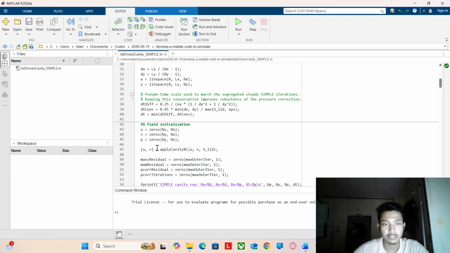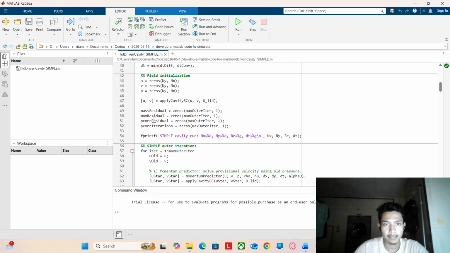Now boundary conditions. Square bracket u, v square bracket close equal to apply cavity bc, bracket u, v, U lid bracket close. This function applies cavity boundary conditions. This sets the top wall velocity equal to the lid velocity.